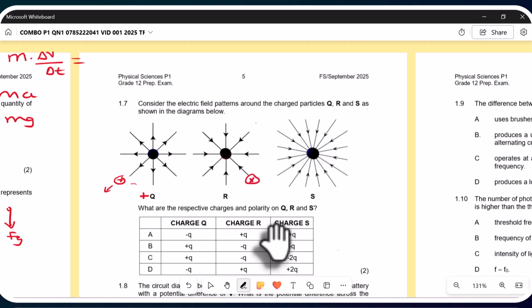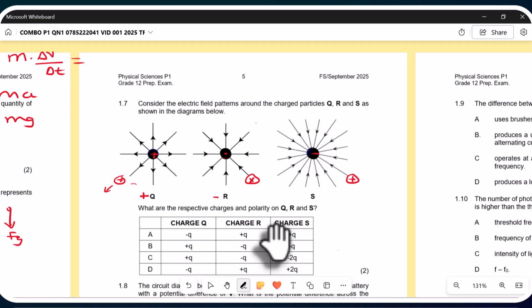What about here? If we say this is 1, 2, 3, 4, 5, 6, 7, 8, 9, 10, 11, 12, 13, 14, 15, 16. So here there are 16 lines. Here there are only 8. So our charge here is double the charge here, but they are both negative.